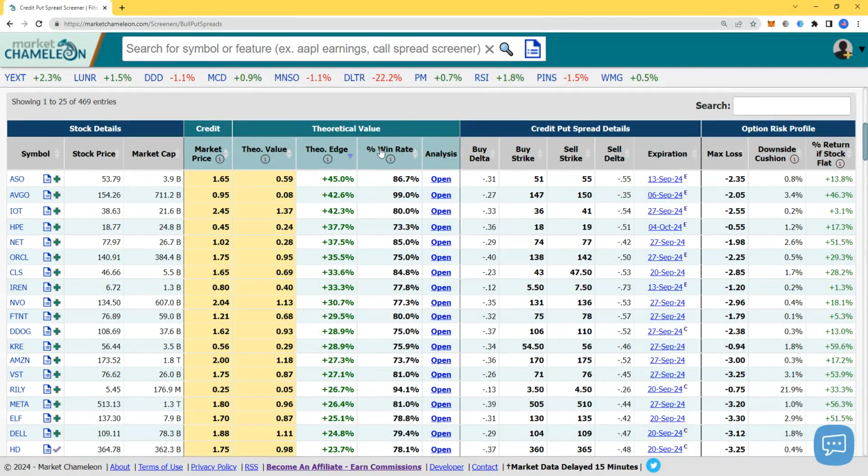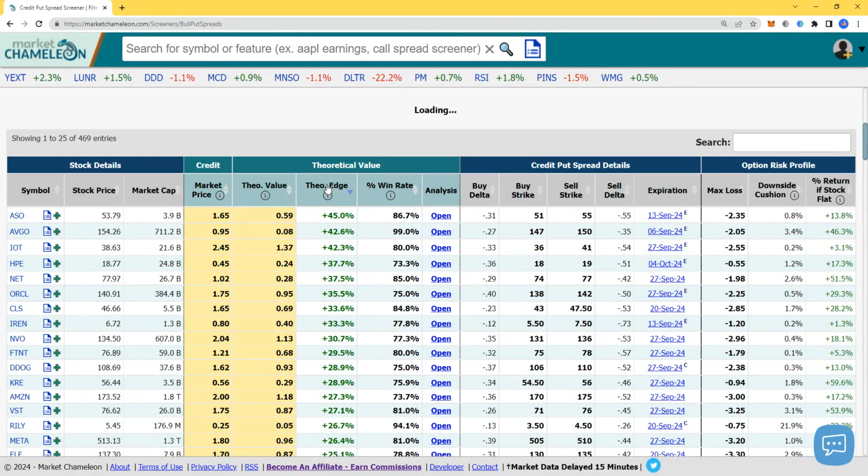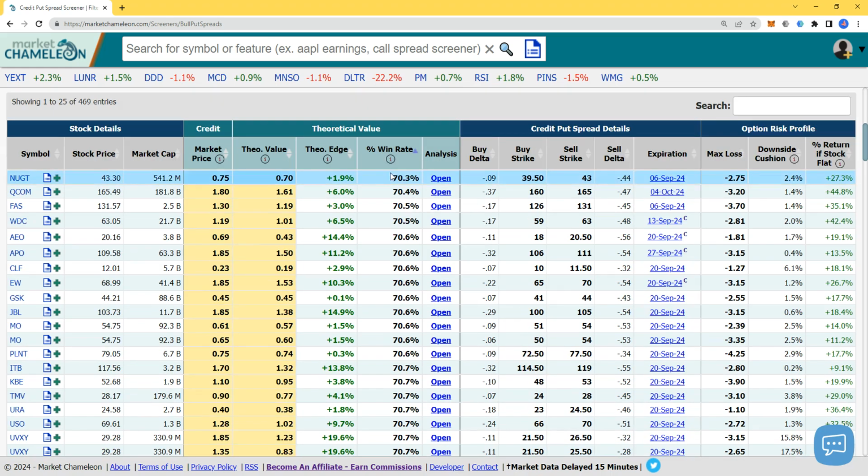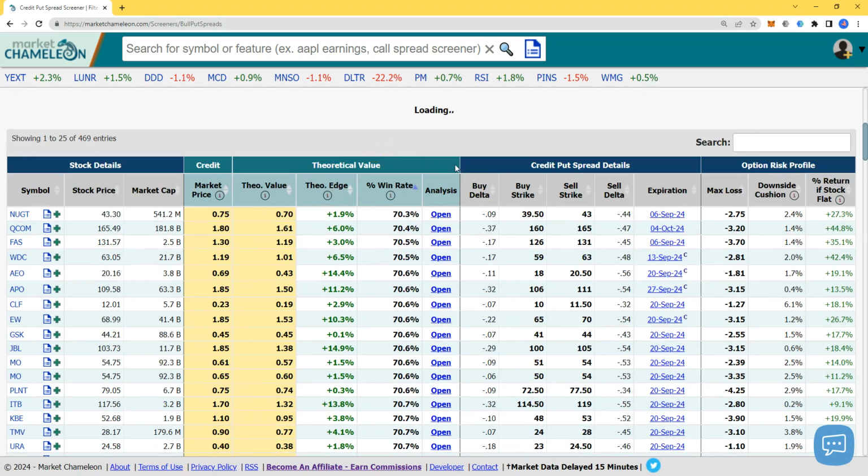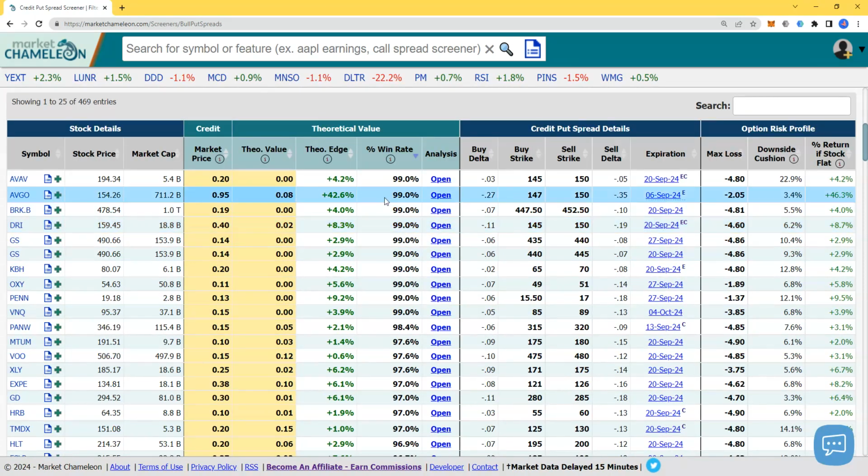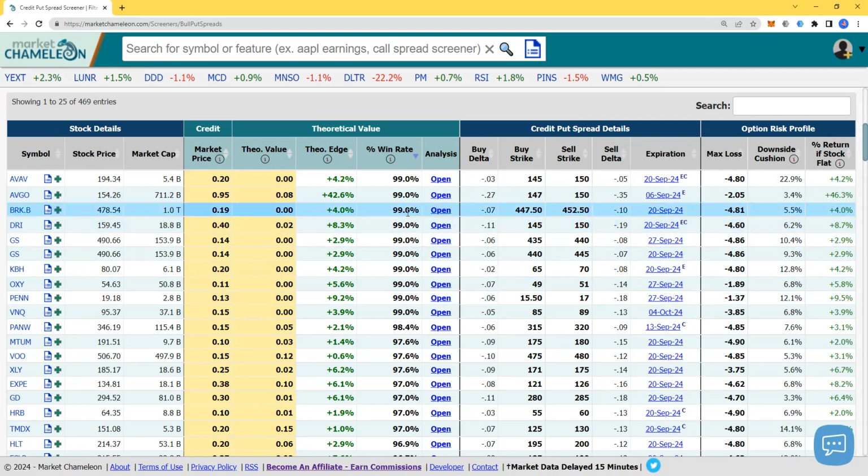You can also filter this, instead of by theoretical edge, by theoretical win rate. So let's try this one. You click twice. The minimum is 70%. If you click twice, it's going to sort by high win rate. See 99, 99, all those stocks.